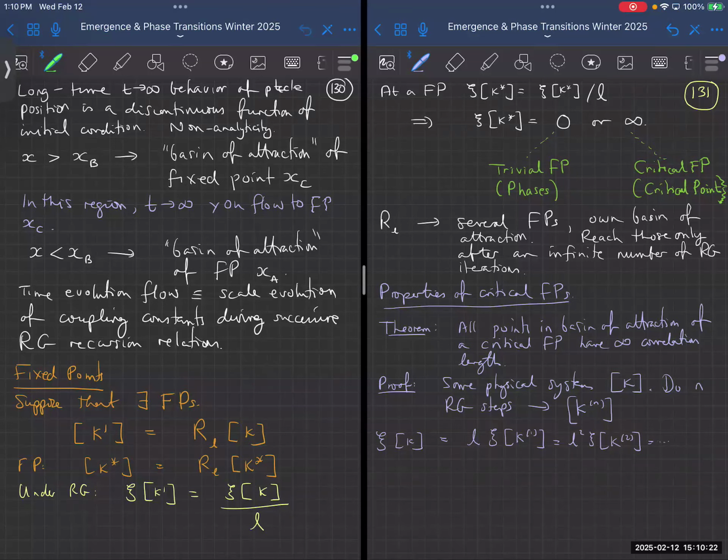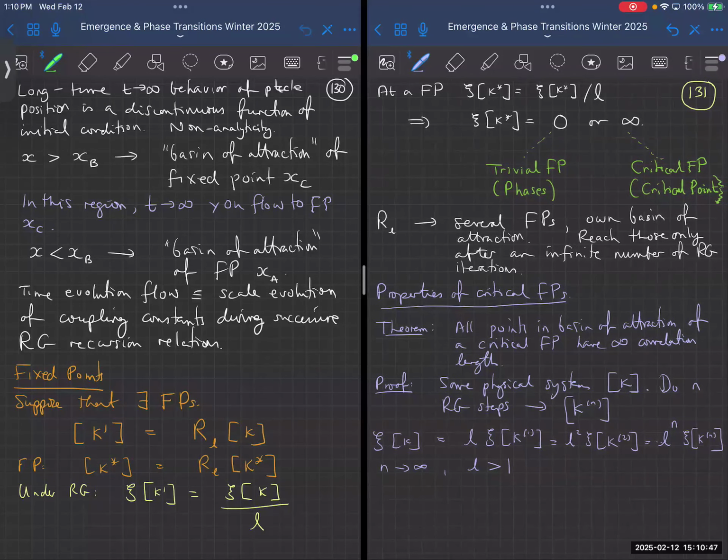And then eventually I do n iterations, so I have L to the n psi of K_n, like so. And now what's going to happen if n goes to infinity? Remember, L is greater than 1 by definition, and so that implies that the right-hand side goes to infinity.